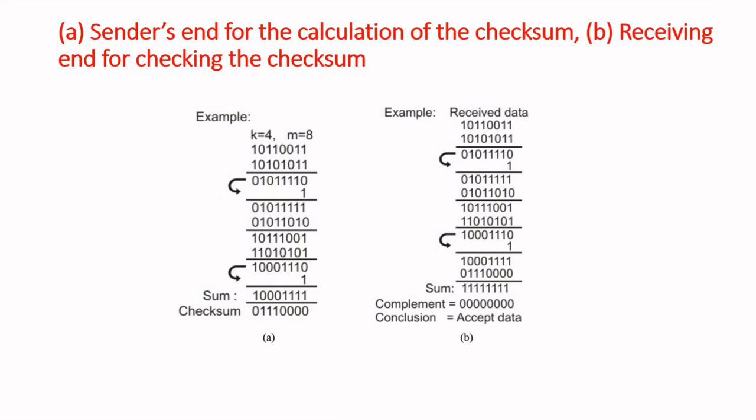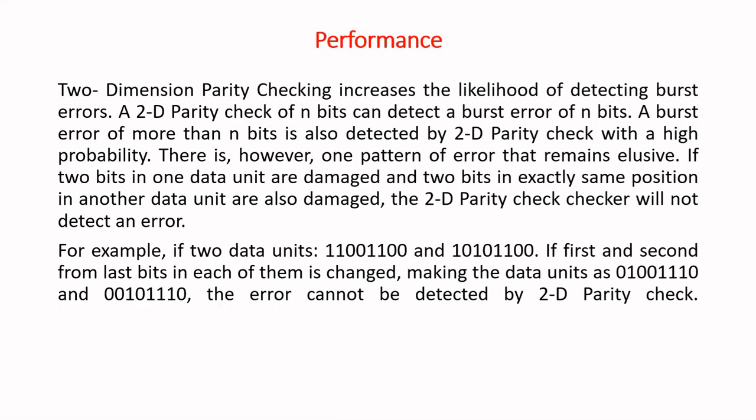Now the performance. Two-dimensional parity checking increases the likelihood of detecting burst errors. A two-dimensional parity check of n bits can detect a burst error of n bits. A burst error of more than n bits is also detected by two-dimensional parity check with a high probability. There is, however, one pattern of error that remains elusive.